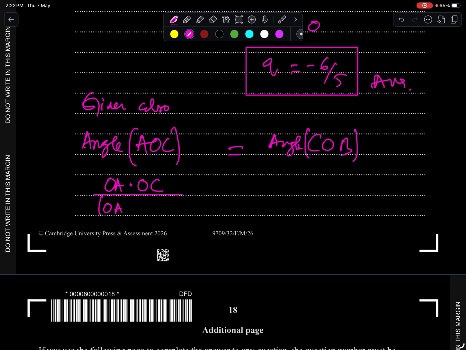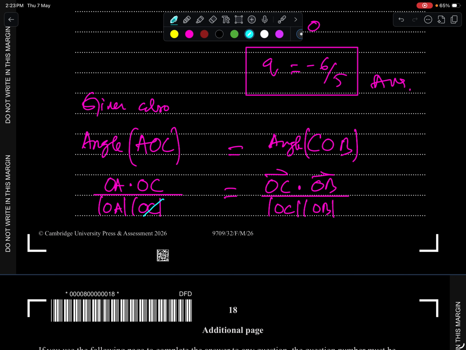This is the formula of angle, the scalar product. You can find this formula from MF 19. Now this is OC dot OB divided by the magnitudes of OC and OB.